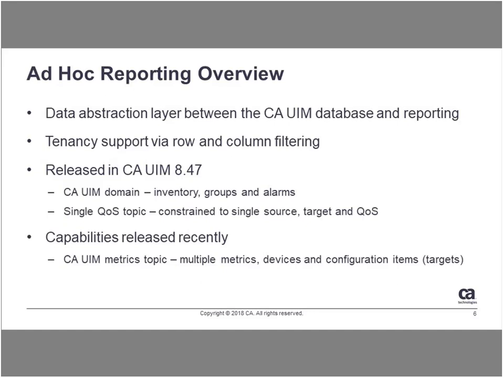UIM data model. I don't know how familiar people are with the data model, but it's incredibly complicated, and it's optimized for write. We have the hourly metrics, the daily metrics, and the raw metrics going into different tables.